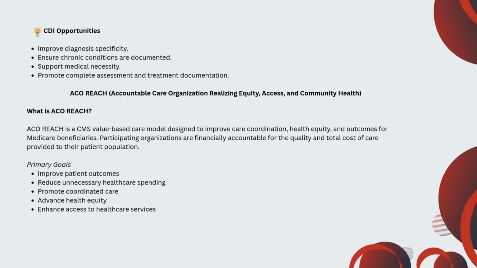Participating organizations are financially accountable for the quality and total cost of care provided to their patient population. Primary goals: improve patient outcomes, reduce unnecessary healthcare spending, promote coordinated care, advance health equity, enhance access to healthcare services.